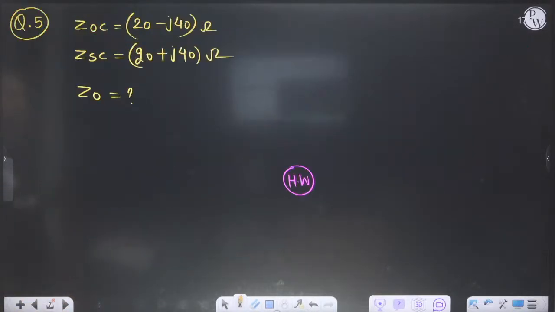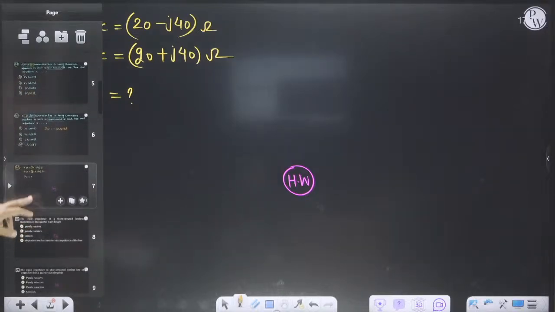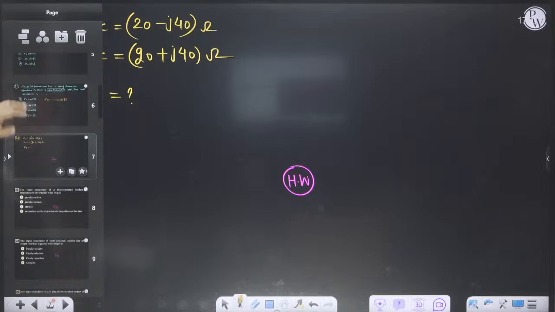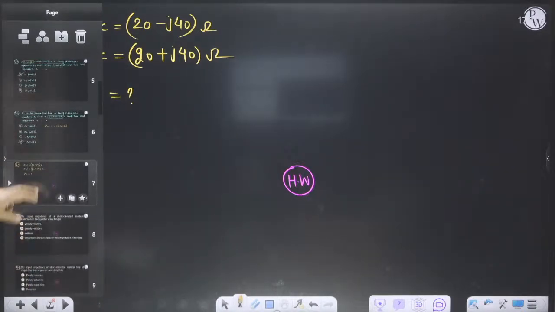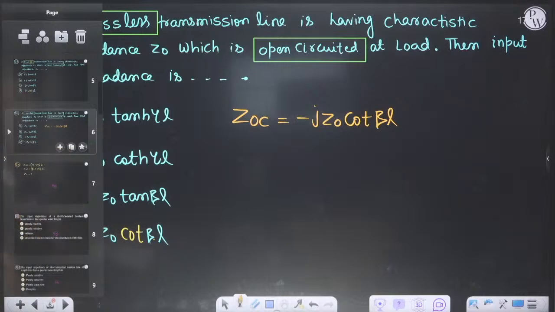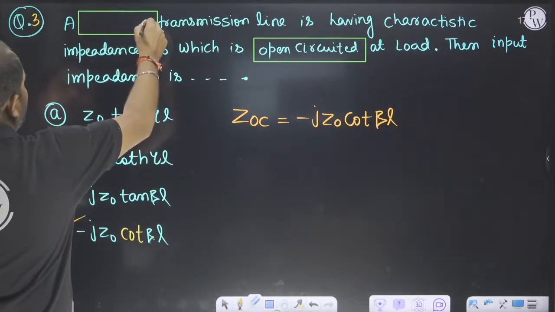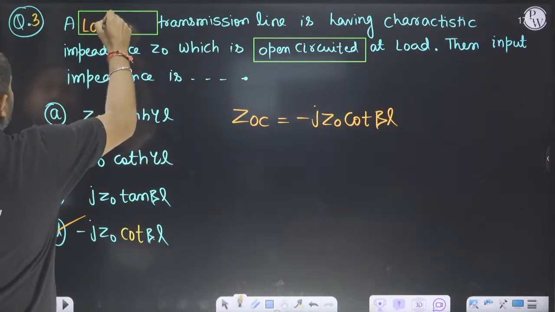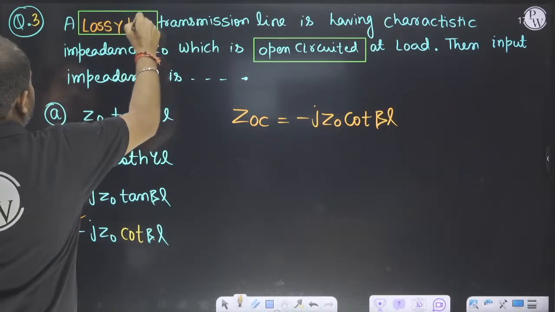Similarly, for the lossy transmission line, there is a fourth question regarding lossy and distortionless.